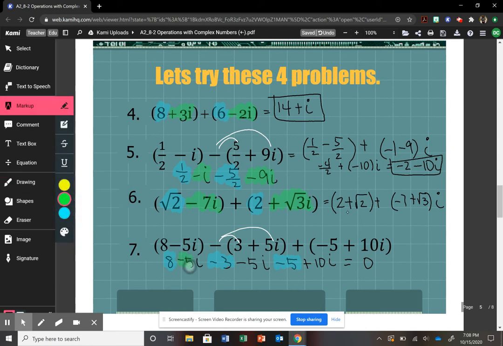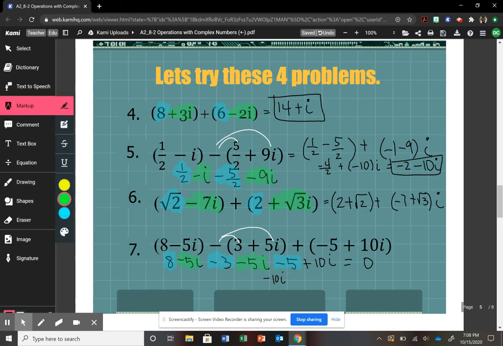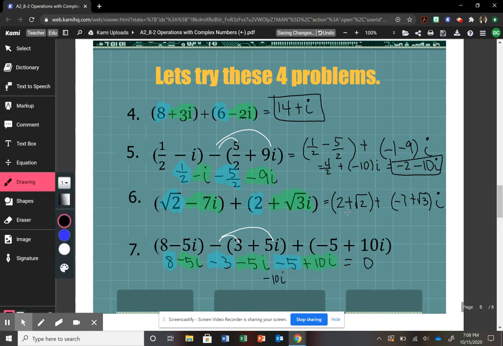And then negative 5i minus 5i is negative 10i. And then I'm going to combine it with the positive 10i. But 10 plus a negative 10 is just 0. I can actually do plus 0i. Okay, which is just 0.